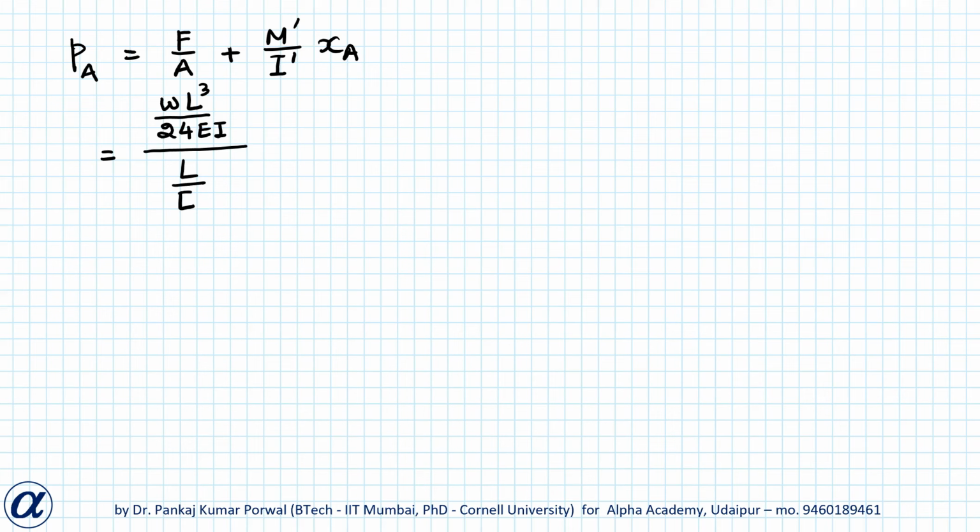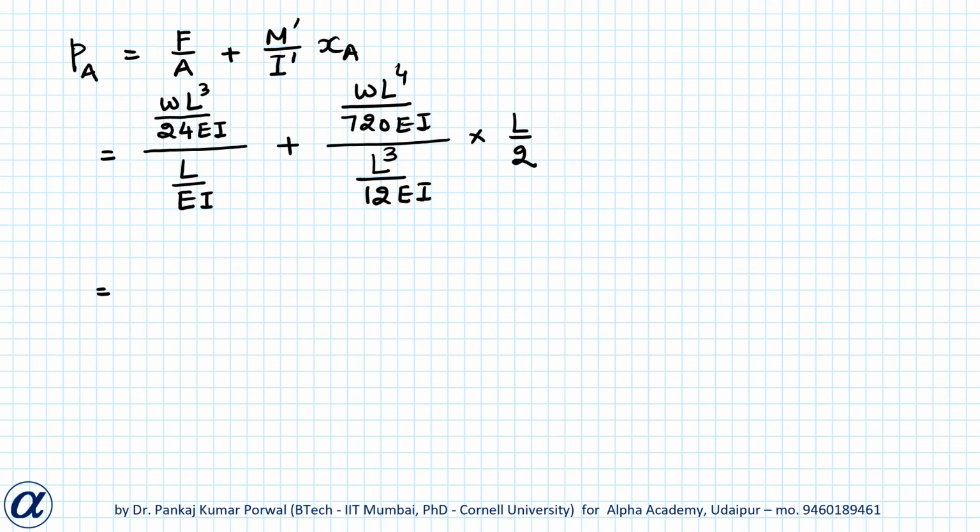So PA becomes F by A plus M dash by I dash XA, that is equal to WL cubed divided by 24 EI divided by L by EI plus M dash, which is WL to the power 4 divided by 720 EI, divided by L cubed divided by 12 EI, into XA, which is L by 2.